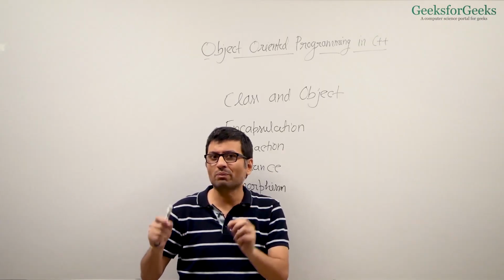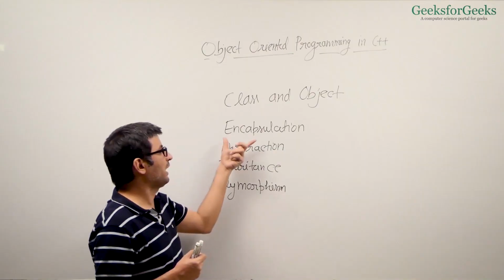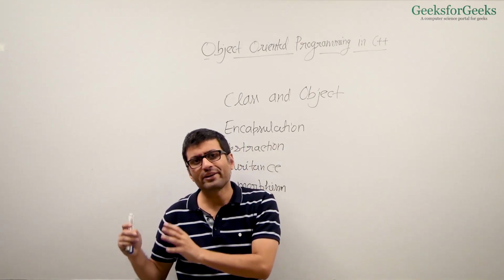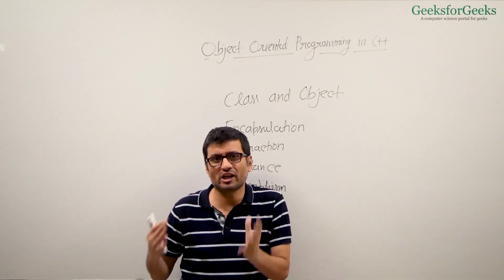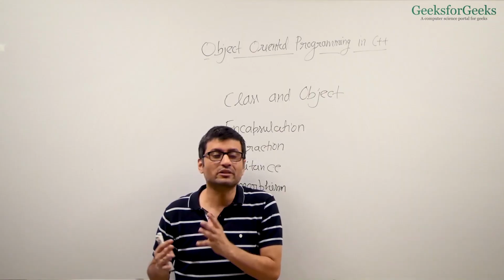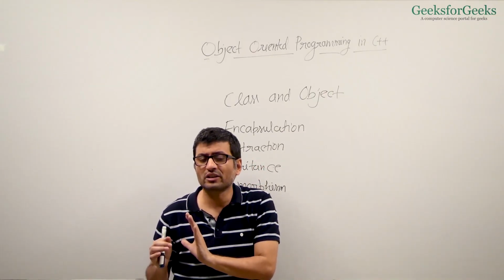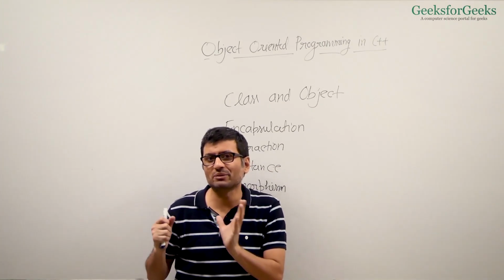Similarly, when we wrote complex C1, C1 is an object and complex is a class. Encapsulation is a concept to bundle data and related functions together. The basic idea of creating a class, right? That's what encapsulation is. Abstraction is hiding internal details and only showing the public interface which is accessible outside the class.